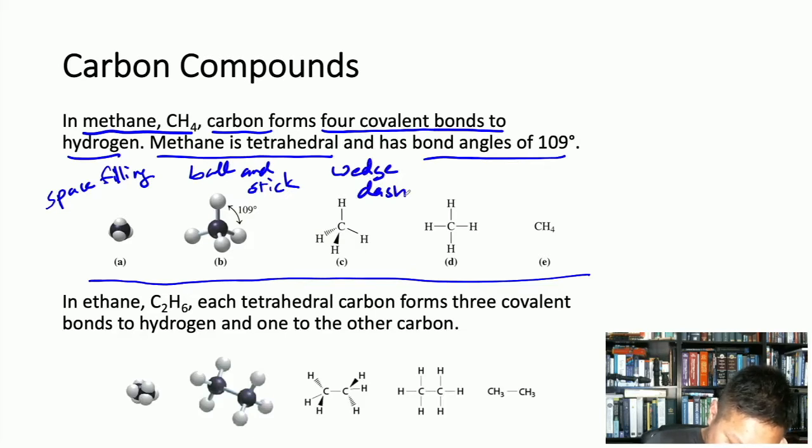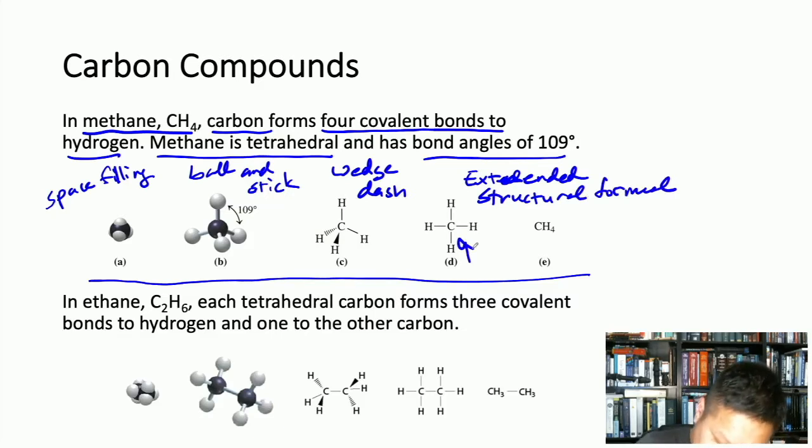D here is referred to as an extended structural formula. You'll see these a lot in organic chemistry. We work with those a lot. And then E here, or the fifth one, is known as a condensed structural formula.